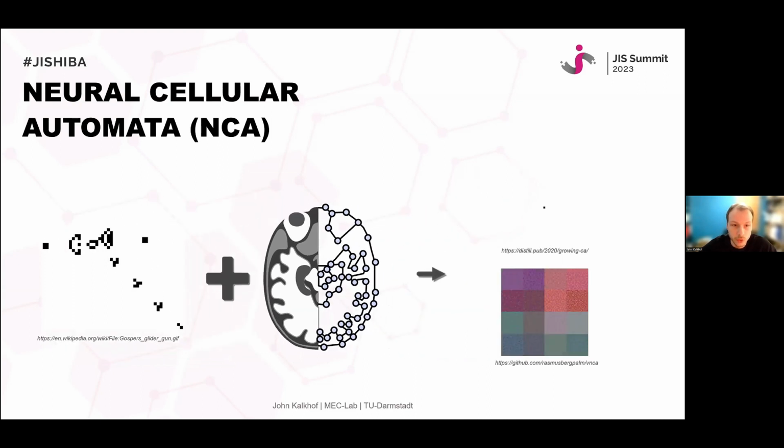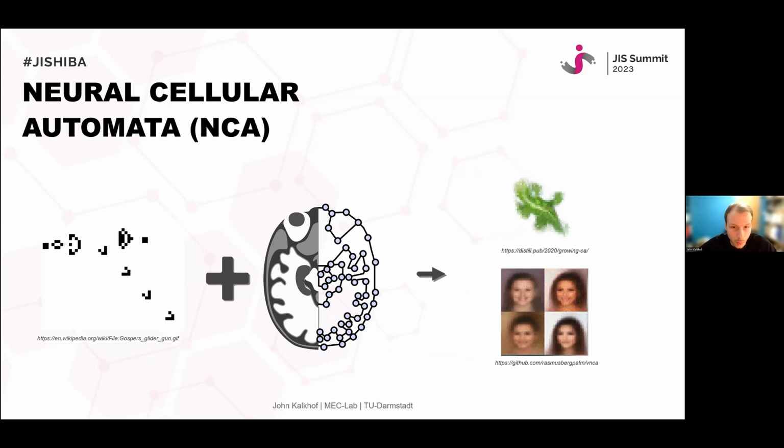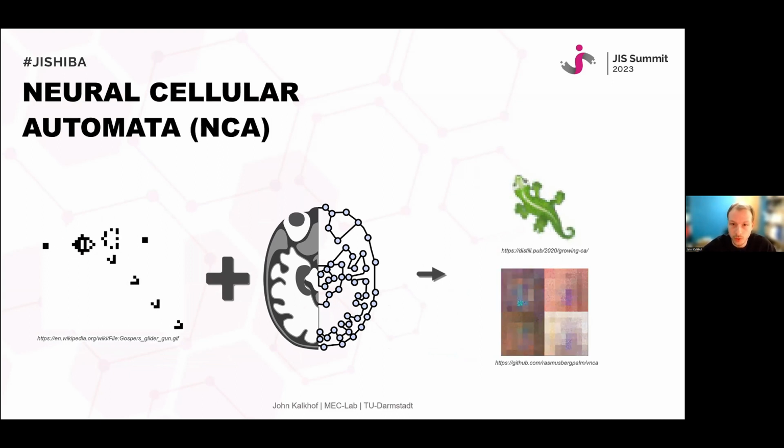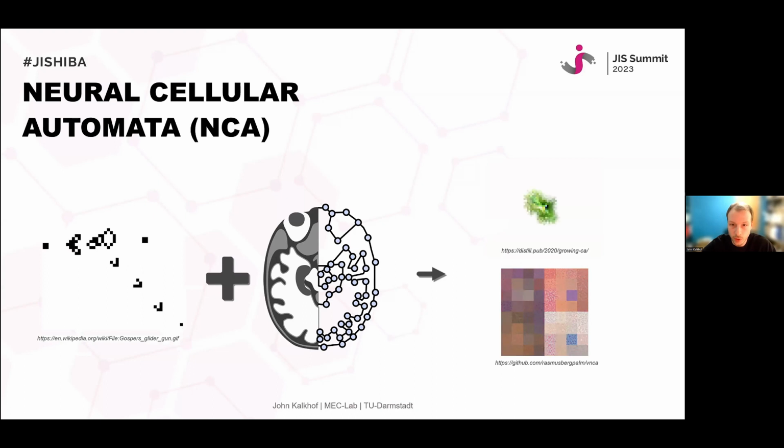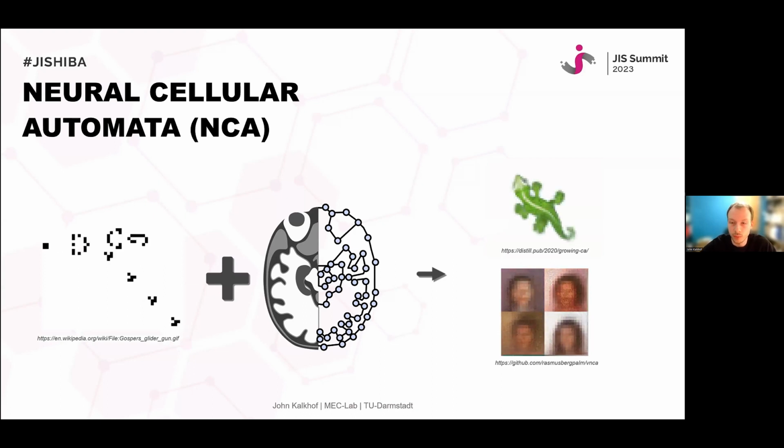And then in the short years after, there have been a few publications exploring that for more advanced tasks. So here we can see two examples that I was searching out. First of all, we have the growing NCA example, which initializes an image from a single pixel, and then by applying the same rule over and over again, we ultimately arrive at the salamander. And it's actually very robust.